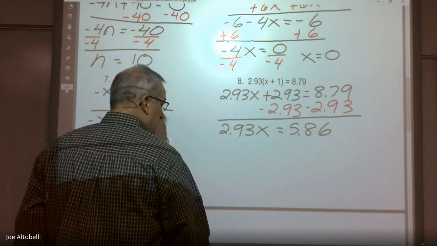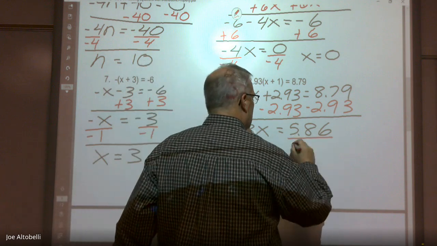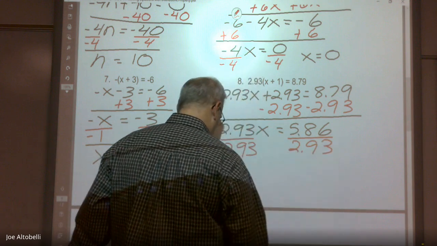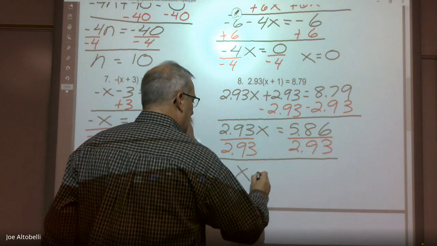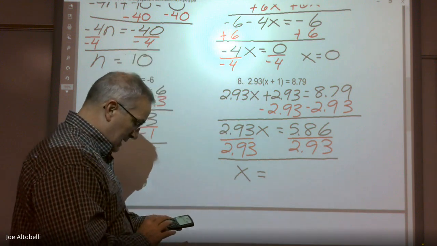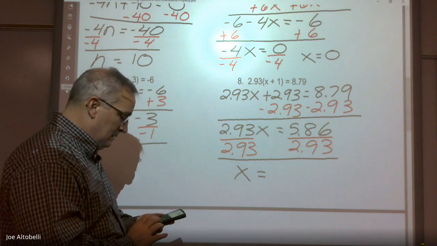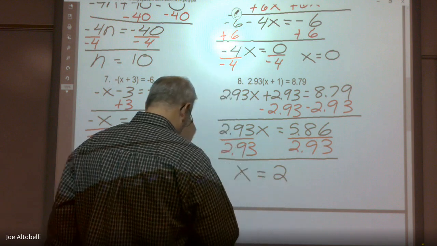And then the last step, divide by the 2.93. And we get x is equal to, divide by 2.93, 2. X is equal to 2.